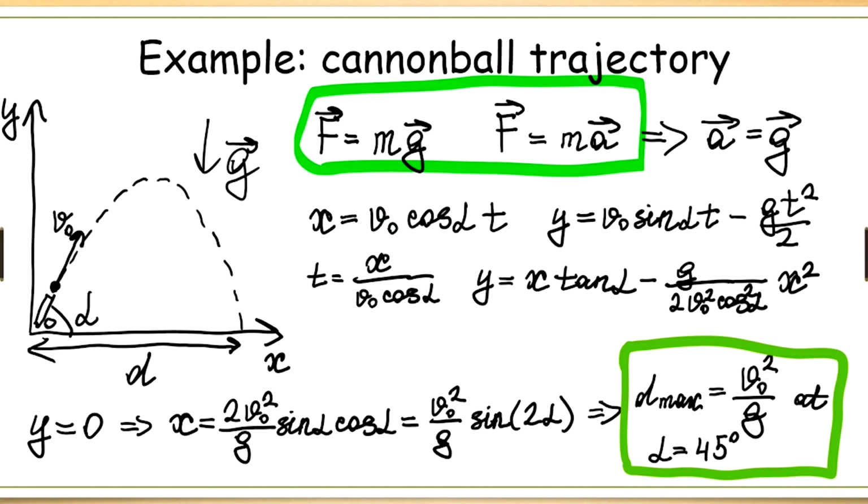So if you want the maximal distance, the cannon must be at exactly 45 degrees to the horizontal line. This is the kind of problem you can easily solve knowing just Newton's laws of motion, simple kinematics, and a bit of trigonometry. So thank you for listening.